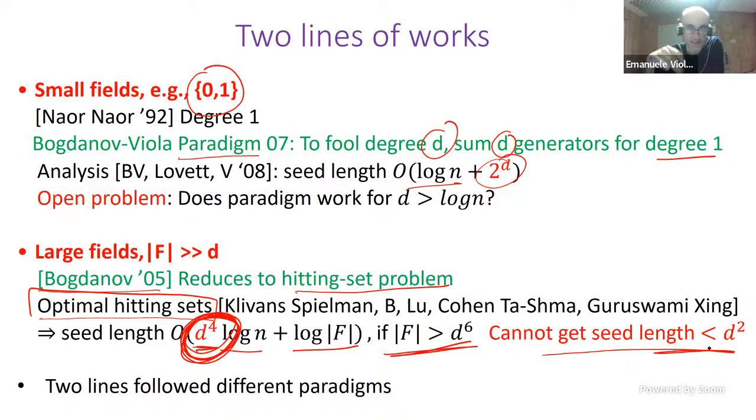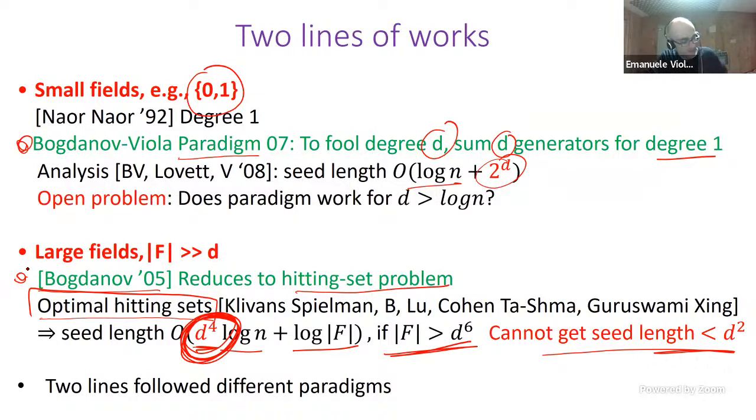There's a bottleneck in this reduction that prevents you from getting close to d. But the more interesting thing, I think, is that these two approaches were completely different. Here you sum degree 1 things, and there you have this hitting set. They are completely different approaches.